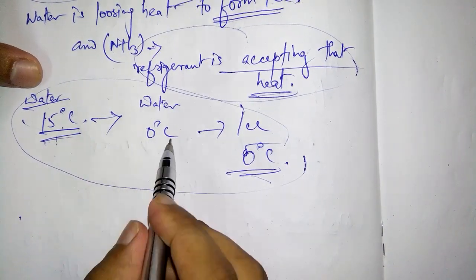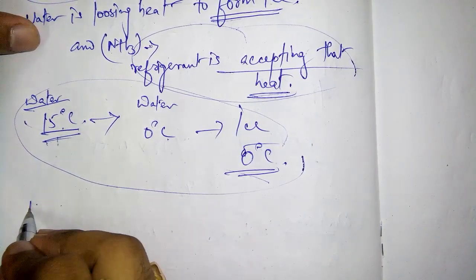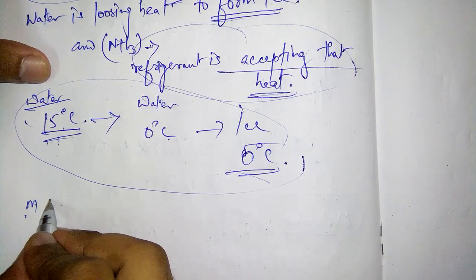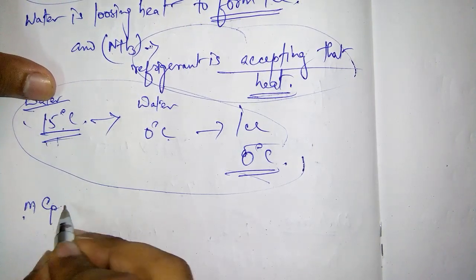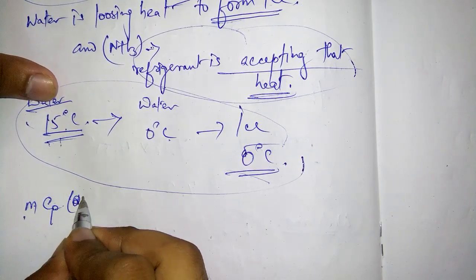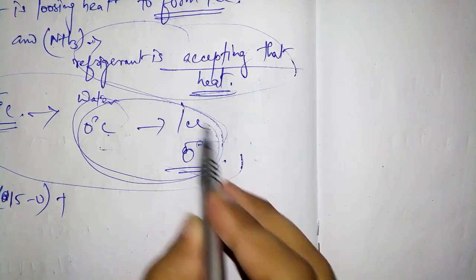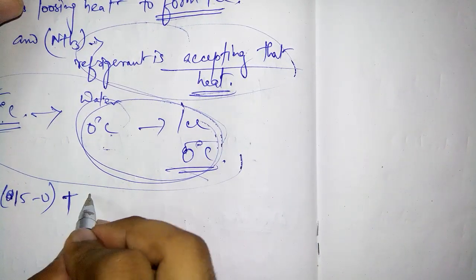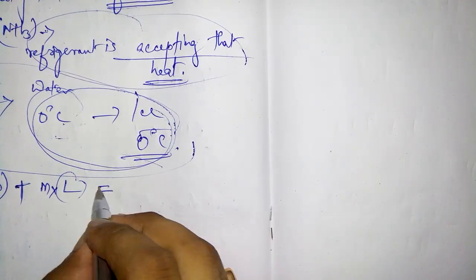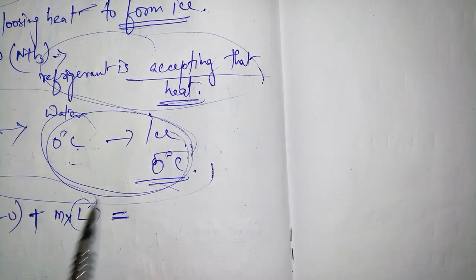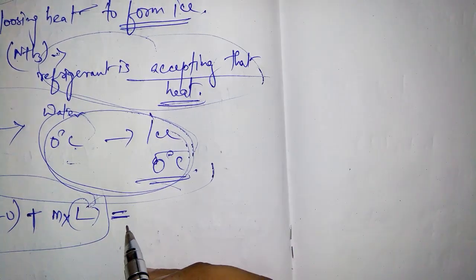First 15 degrees Celsius to 0 degrees Celsius of water. So it is nothing but m Cp dt, that is dt is 15 minus 0, plus the latent heat in this process, that is m into L, which must be equals to the heat that water is rejecting to form ice. And who is gaining that heat?